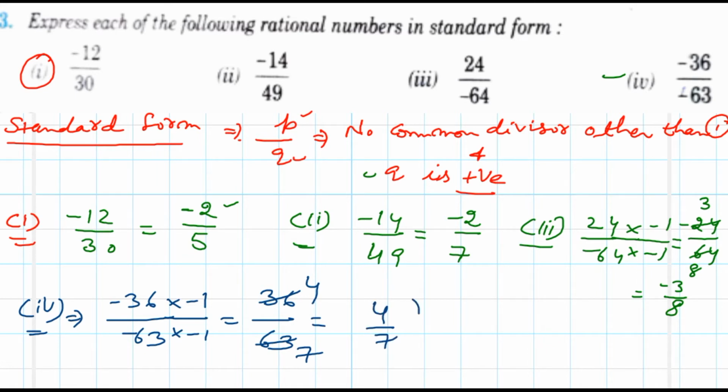So this will be 4 upon 7. Right, students. So this was question number first. We have solved it here. Now we will move on to question number second and question number third. We have solved them here. Now we will move on to the next question.